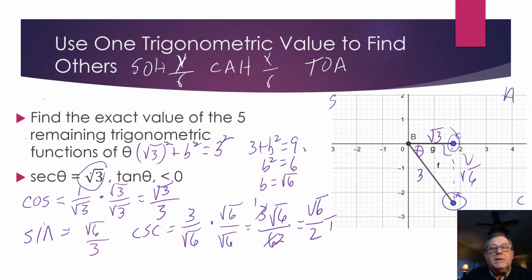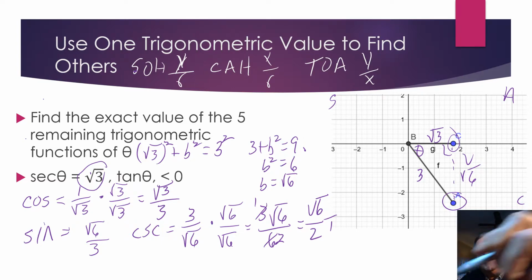All right, well, let's see. Now I think I'm ready for my tangent. So my tangent is the opposite over adjacent, or another way to look at it on the coordinate plane, it is y over x. Running out of room.